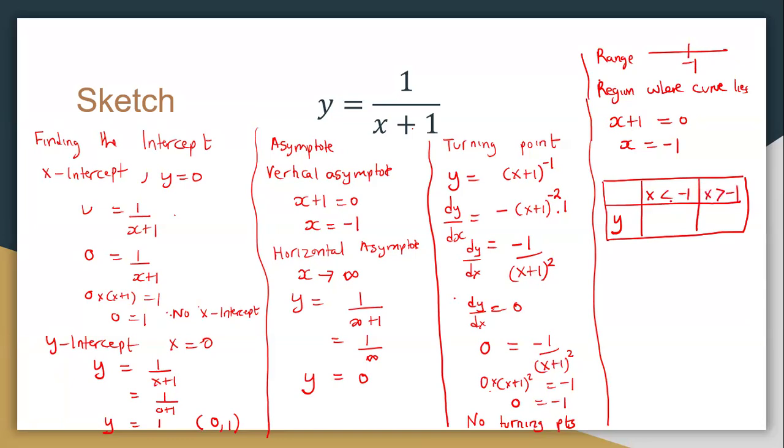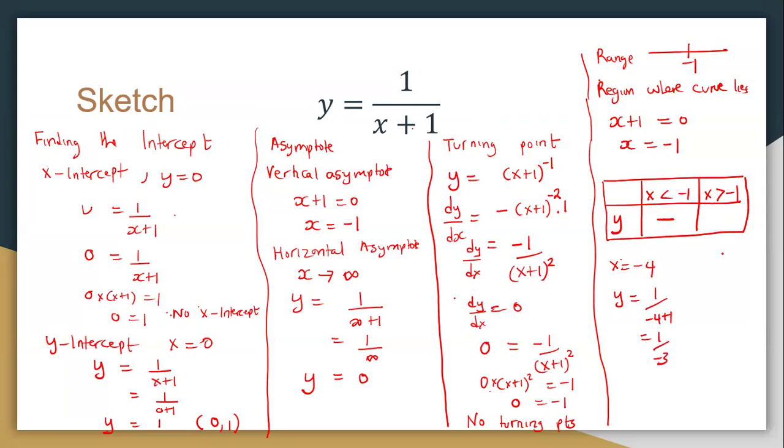A value less than negative 1, take an example, negative 4. Let me say I've taken x is equal to negative 4. It means our y will equal 1 out of negative 4 plus 1, which is 1 out of negative 3. So here you get your answer as negative.